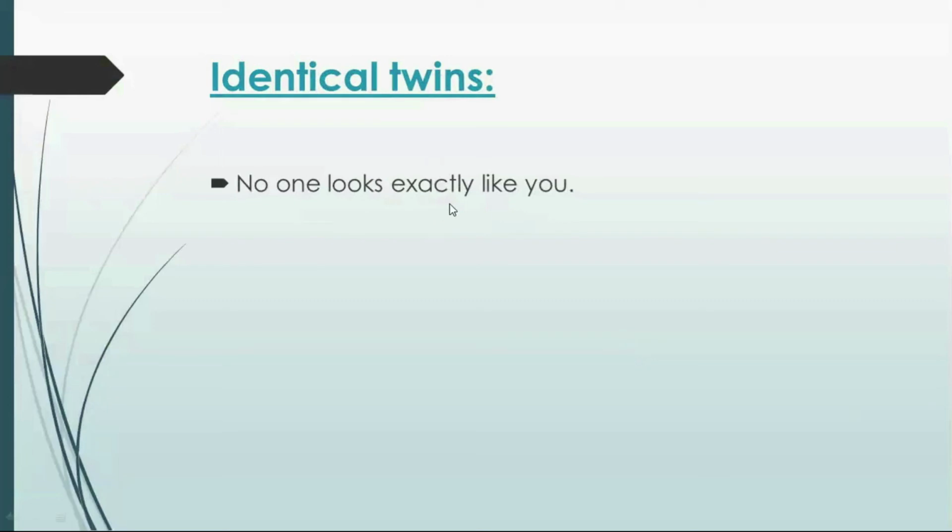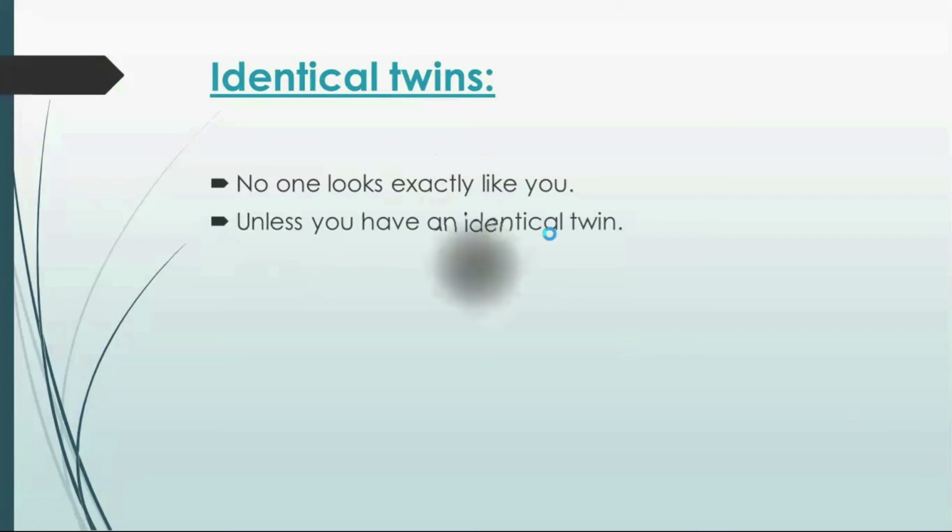No one looks exactly like you unless you have an identical twin, a person who is exactly similar to you. That person is called your identical twin. You may have seen twins around you. Twins look like this. They look exactly the same.